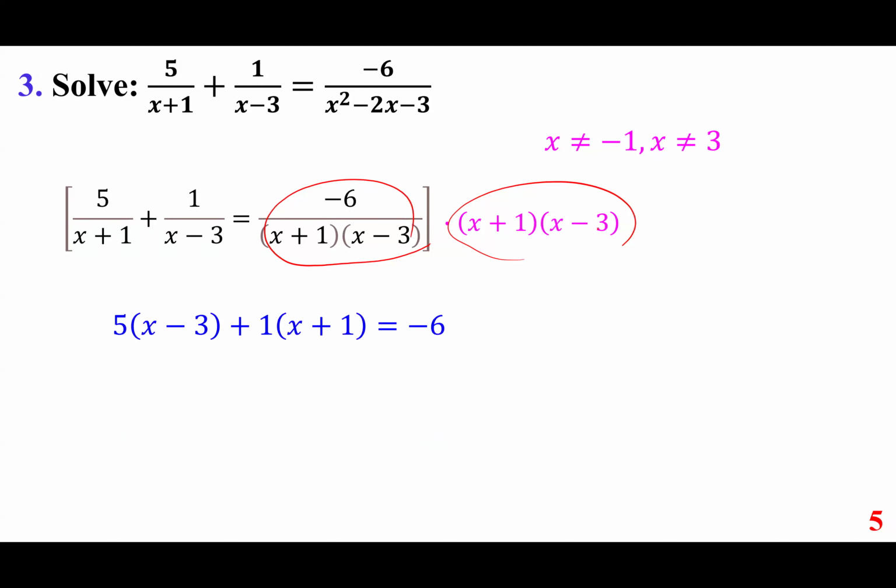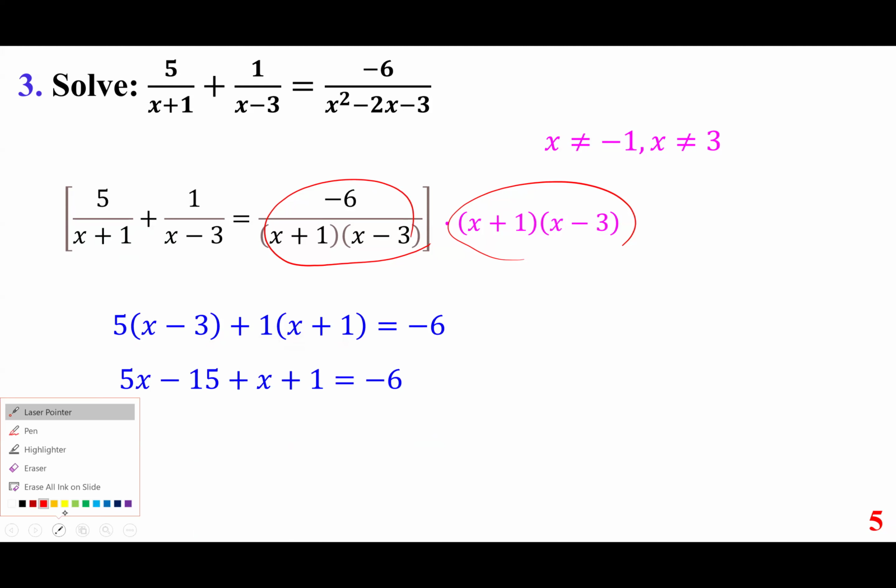So I hope you see how fast and easy you can come up with the answer with this methodology. Distribute: 5x minus 15 plus x plus 1 equals negative 6. These two add up to 6x.